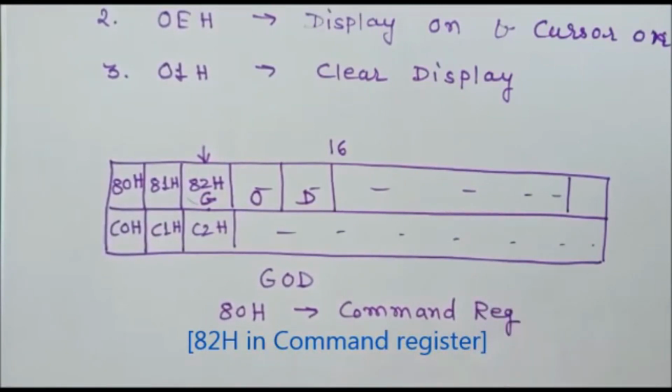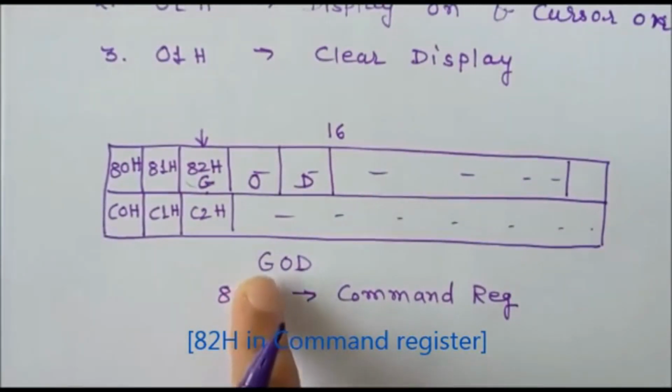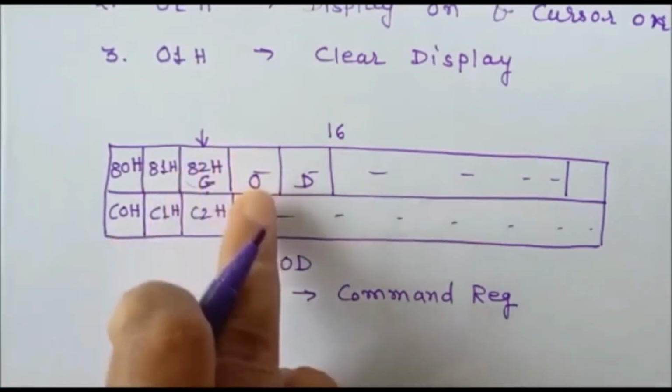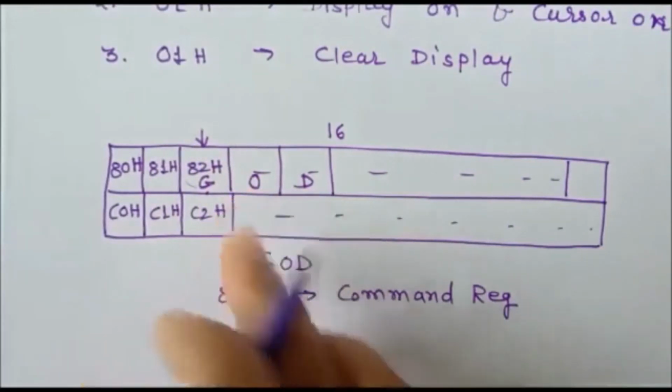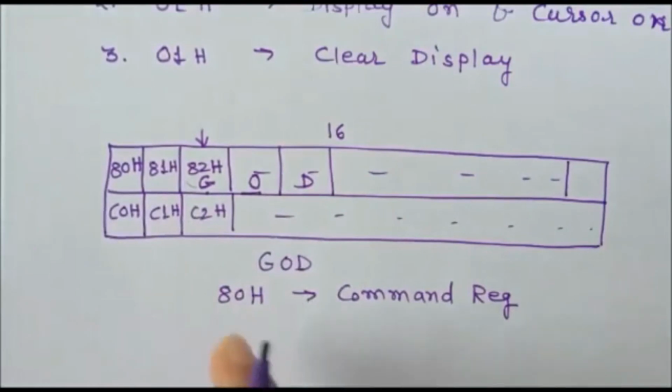And then we can send ASCII value of G and write it in data register. Now after displaying the first character at this address 82H, automatically cursor position will be incremented by 1 and cursor will point to next character position. Now next time no need to write this address in command register.